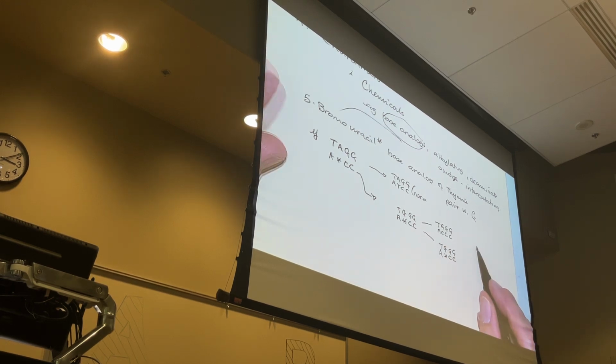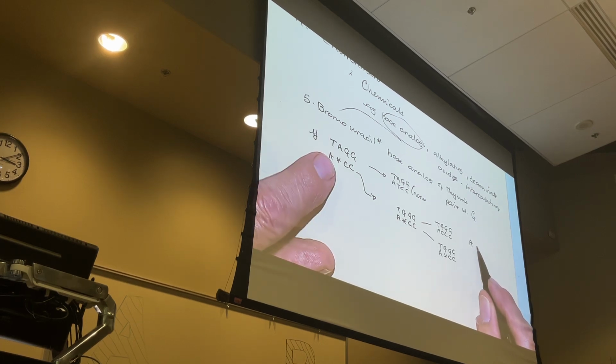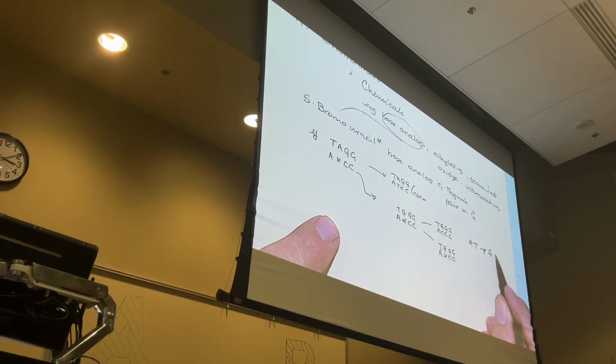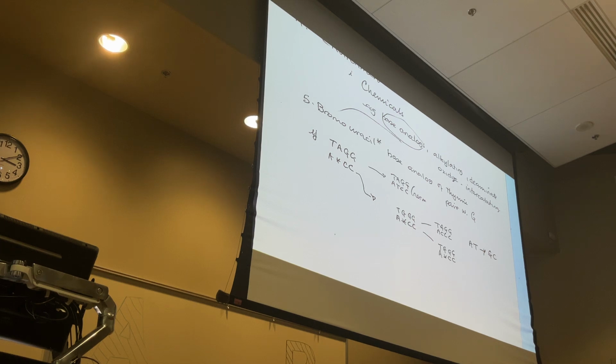So what has happened here is that an AT base pair has gone to a GC, right? The only thing that I think is valuable in this whole huge chunk of the chapter is being able to think about, if there's this error, what do you end up with?